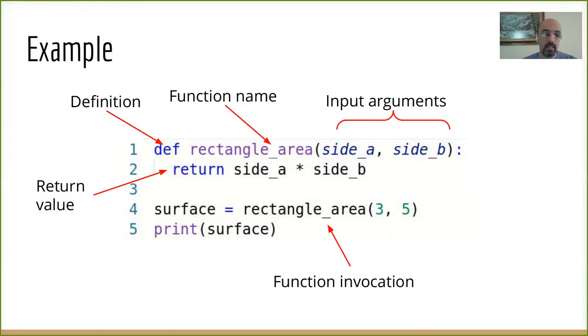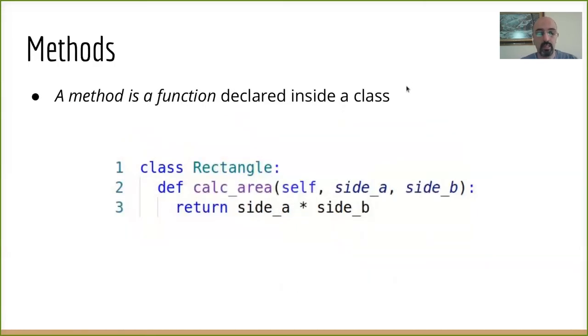But if we want to declare a method inside a class, what does it change? It's more or less the same, with a small difference. If we want to declare a method inside a class, we start with the keyword def, the method name, and the particular aspect here, or what changes from the classical functions, is that we have to use a variable.